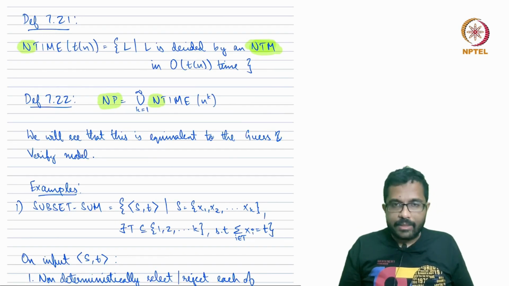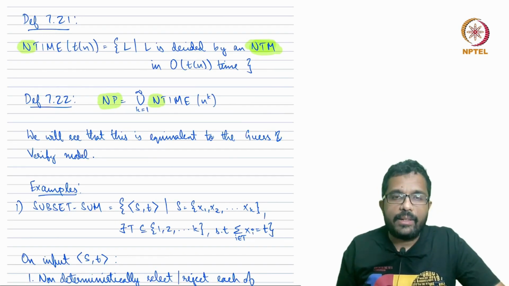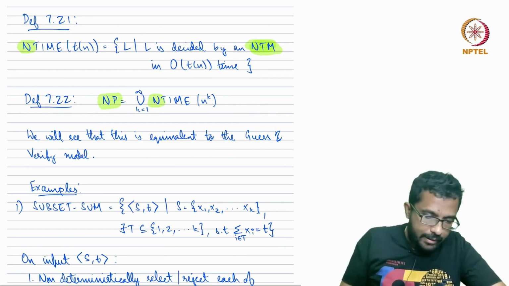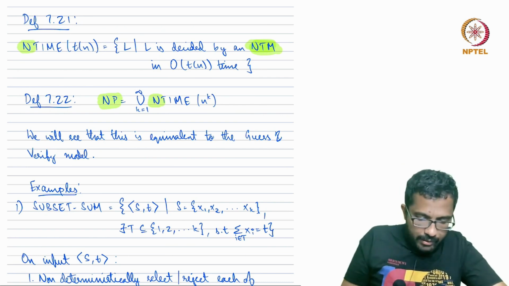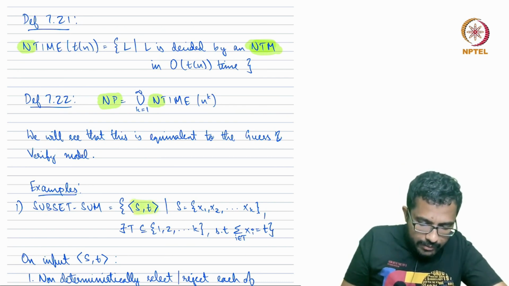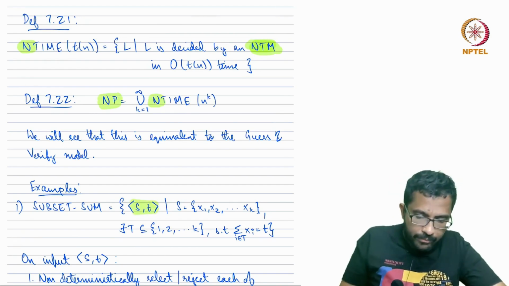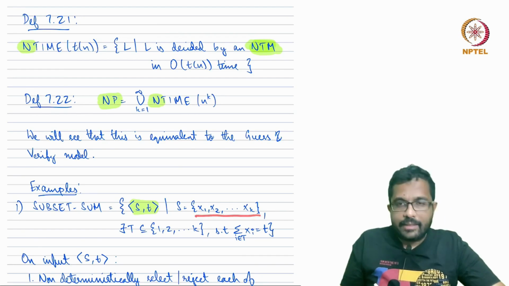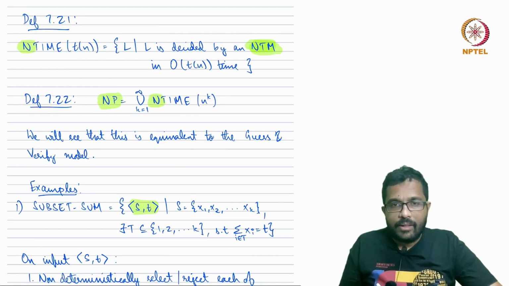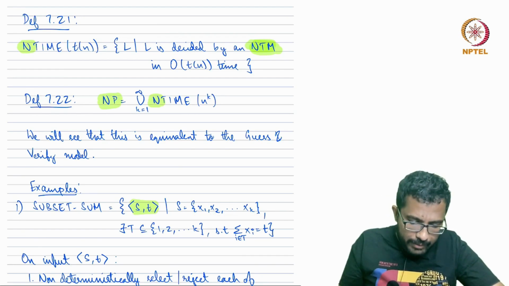The first example is something that I described briefly in the previous lecture. It's a language called subset sum. We are given two things, a set S of integers and a target sum T. S is a set consisting of x1, x2 up to xk. The question is, is there a subset?